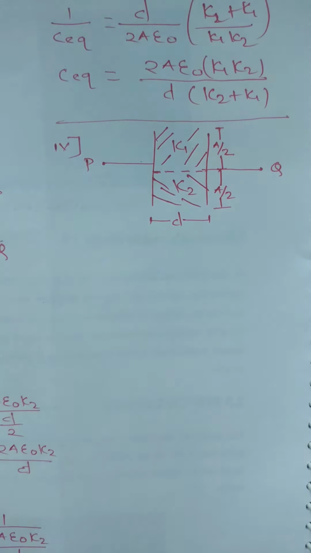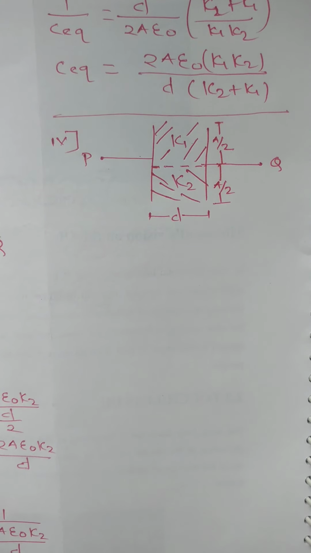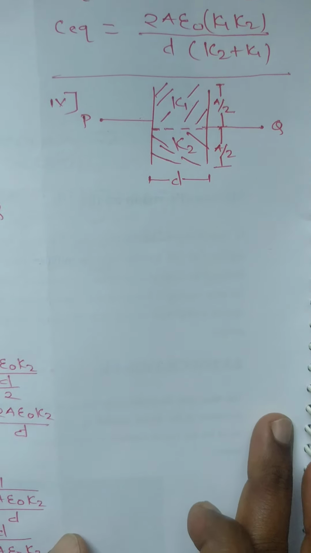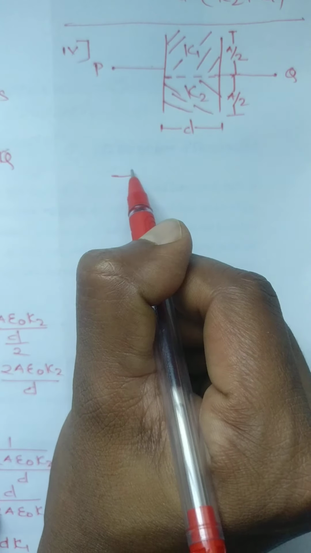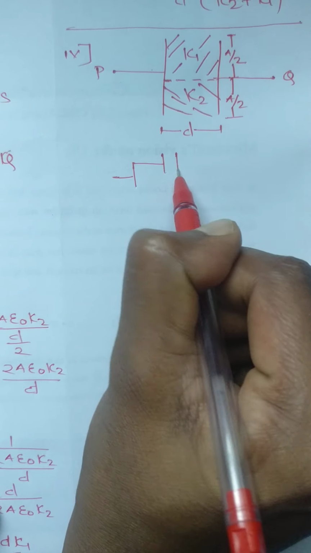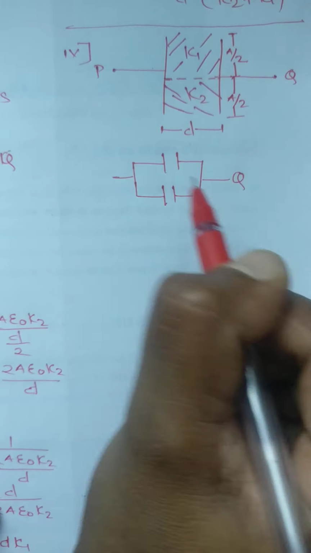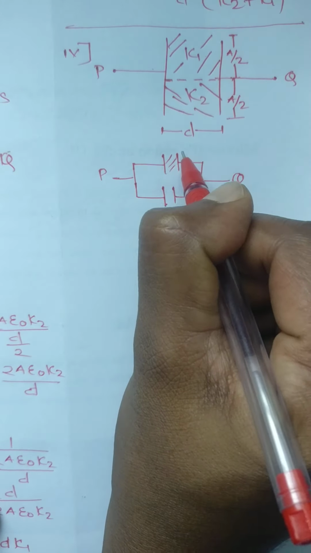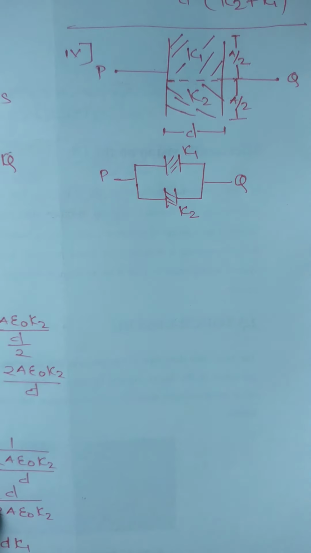Half of the area is filled with K1 and the other half is filled with K2. Practically, this forms a parallel combination of two capacitors. This is Q, this is P. This half is filled with K1 and the other half is filled with K2.